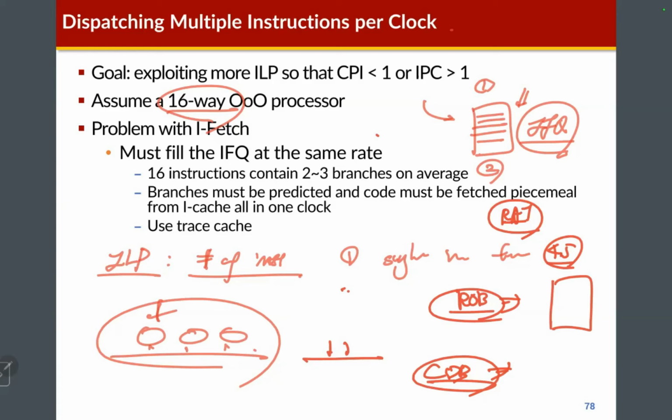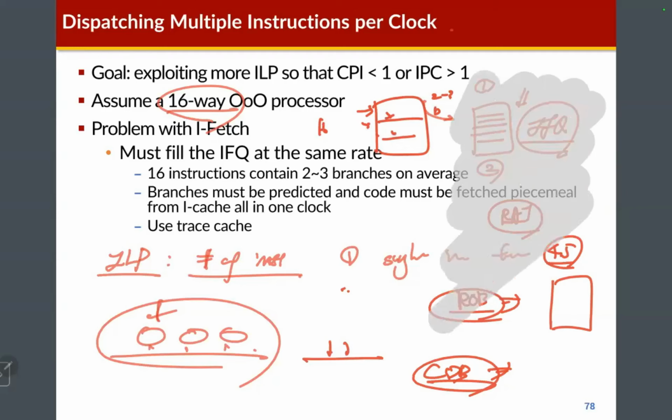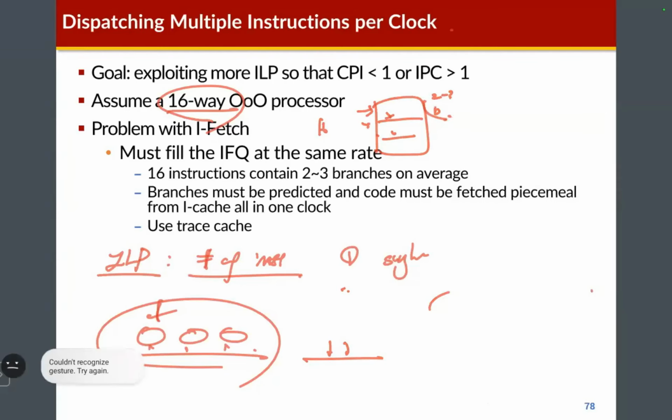So how can you handle these multiple basic blocks? The processor needs to fetch 16 instructions, but these may include 2 or 3 branch instructions. So what's the matter? If the branch is not taken, then we can fetch the very next instruction. So it's not a problem.